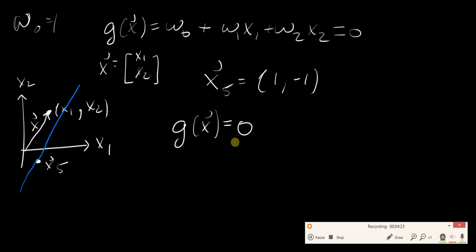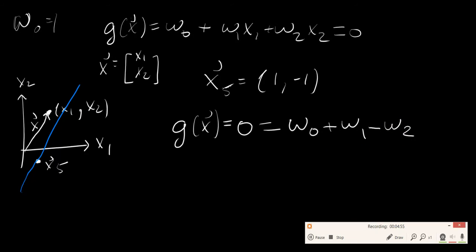So we know that since g of x is equal to 0, this is true. The hyperplane goes through x5, and that's true when x1 is equal to 1 and when x2 is equal to -1.